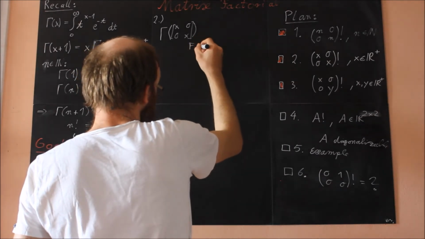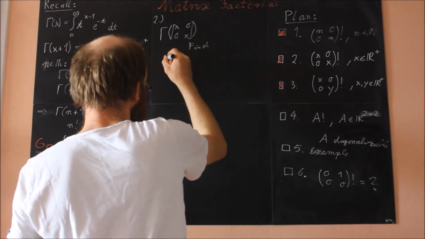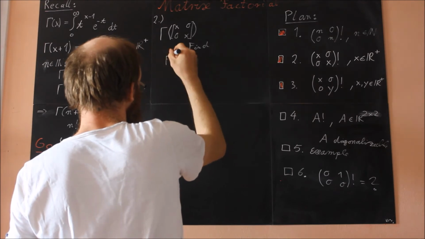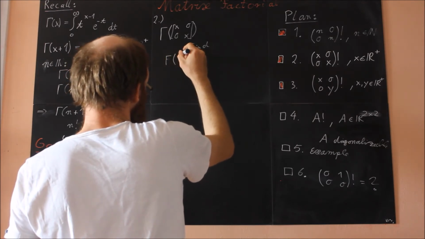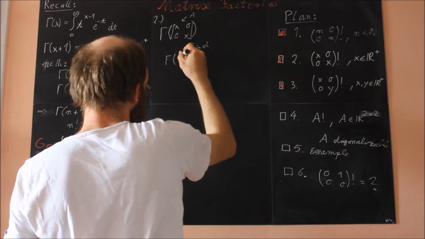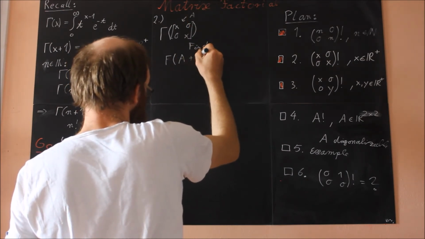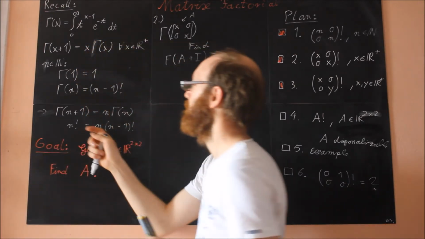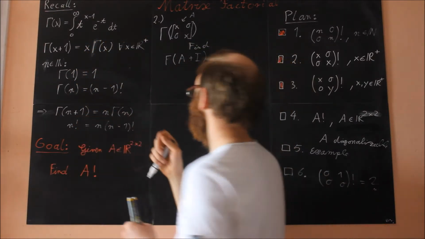What we would like to find is gamma of this matrix, let's call it A. We want to find gamma of A plus the identity matrix to check the recurrence relation.